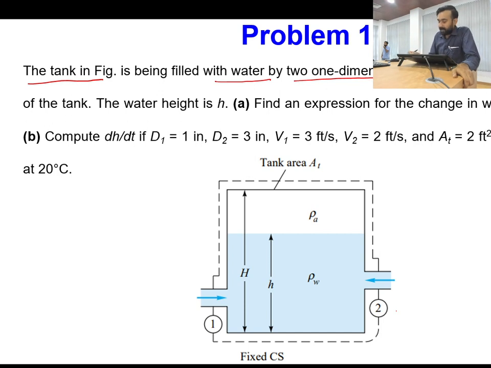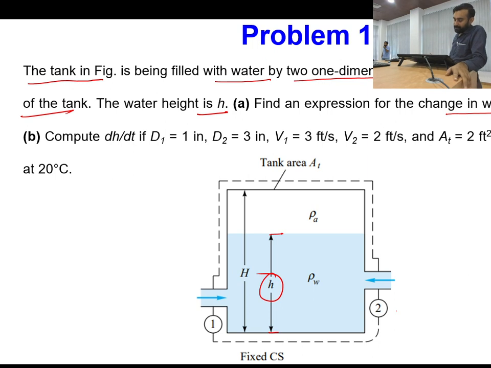Air is trapped at the top of the tank. So this is a closely sealed tank, and air is trapped at the top of the tank. The water height is h, whatever the water height is at any instant within the tank. We have to find an expression for the change in water height dh by dt, and also compute dh by dt if d1 equals 1 inch, d2 equals 3 inches.